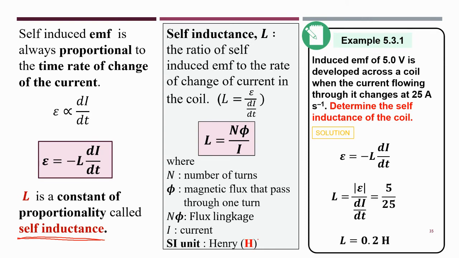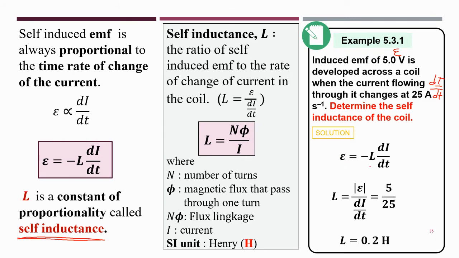Let's see an example question. Let's say the induced EMF is 5 volt, developed across a coil, if the current flowing through changes at 25 ampere per second. We have to determine the self-inductance of the coil. So 5 volt is the induced EMF, and 25 ampere per second is the rate of change of current, di per dt.